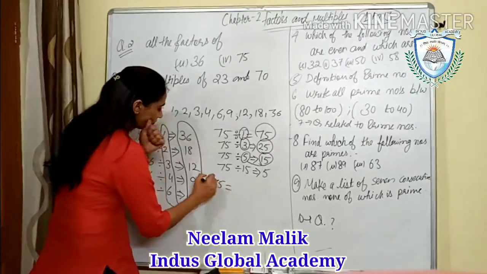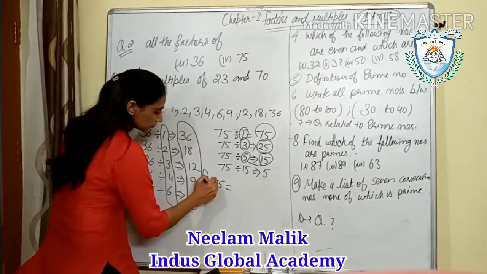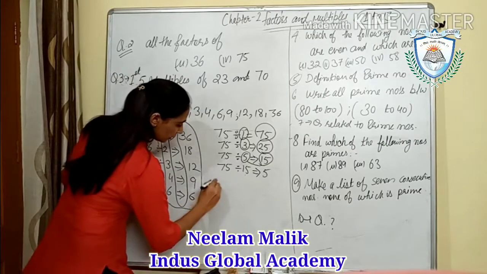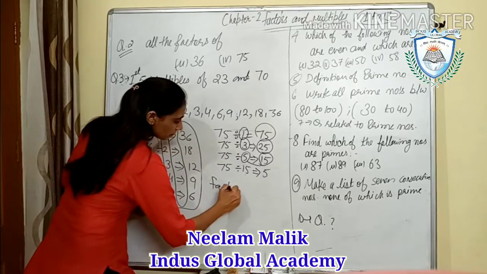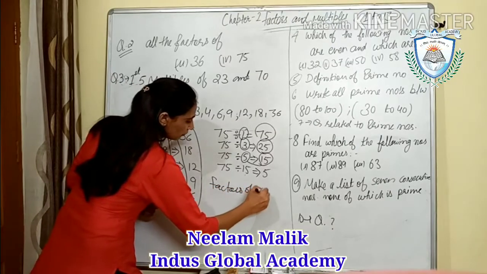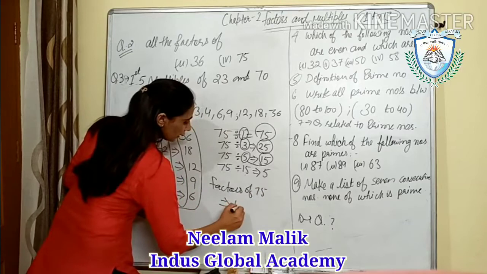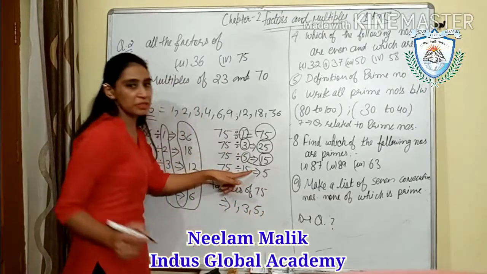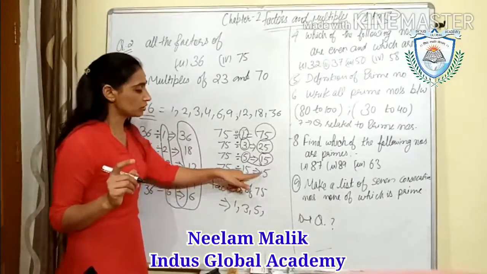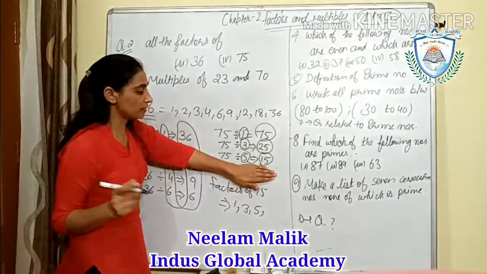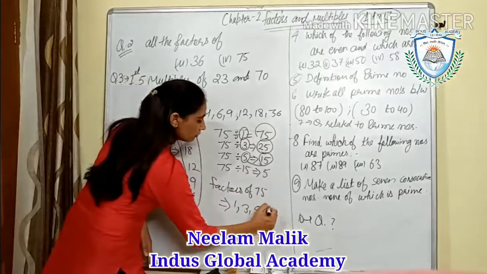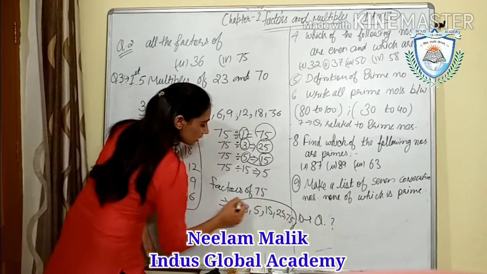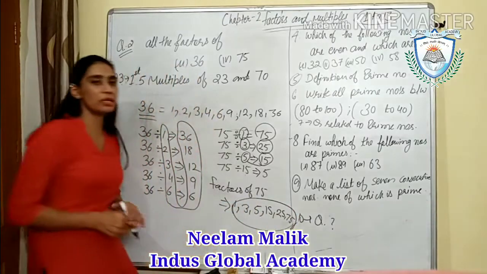Factors of 75 you will write here: factors of 75 is equal to 1, 3, 5. Repeated numbers you do not have to write. So here is repetition, so I will not write this. Then I will move to 15, 25 and 75. So only these are the factors of 75.